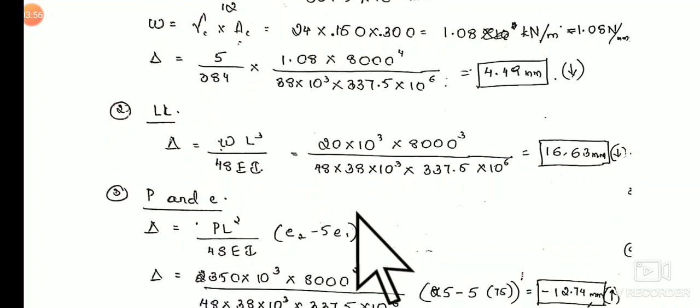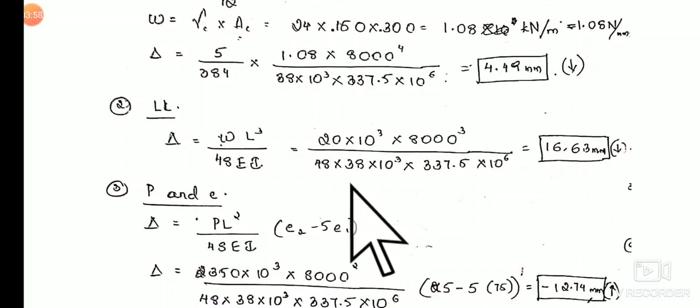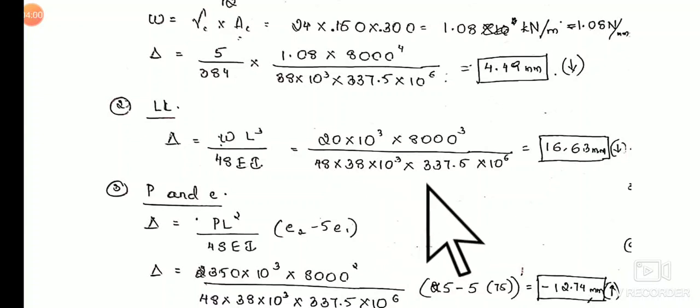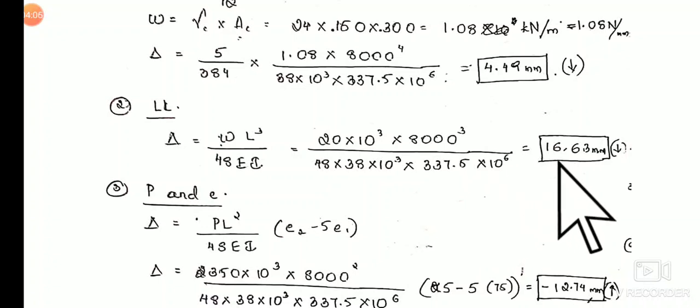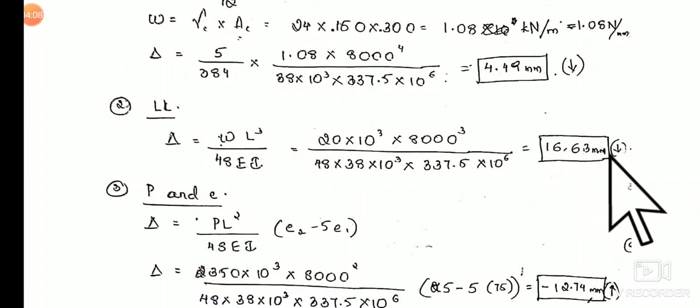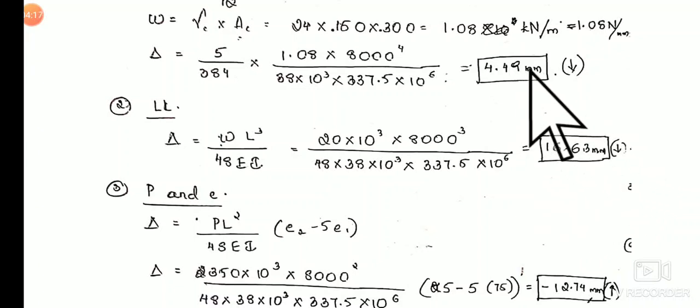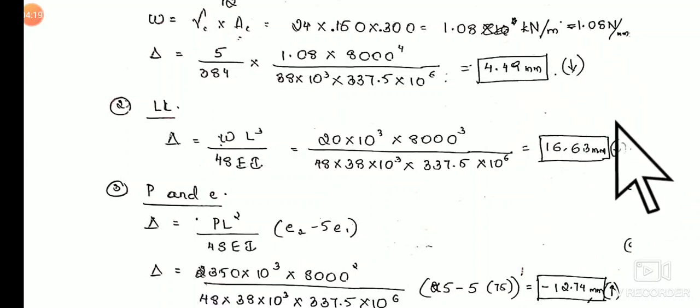E is Young's modulus of concrete given in the data 38 into 10 raised to 3 into moment of inertia 337.5 into 10 raised to 6, which is equal to 16.63 mm. It will be acting in the downward direction. Say this is the deflection due to live load. We have calculated the deflection due to dead load and deflection due to live load.